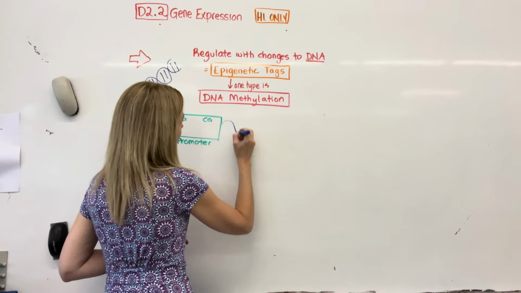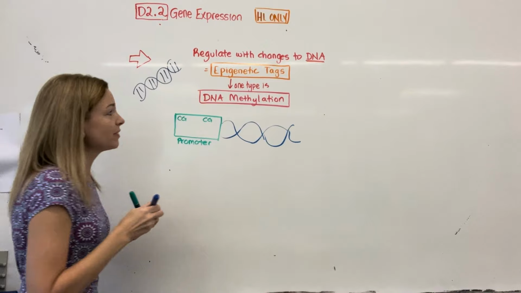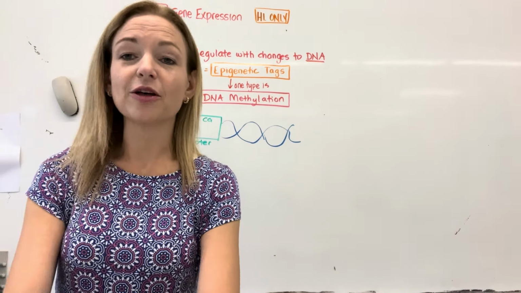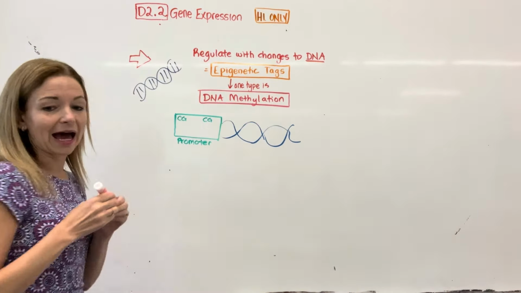So there's my promoter. Here's my gene. And what happens is at the promoter, these little methyl groups get added. Methyl groups are CH3, and they are going to bind where there is a CG combination.